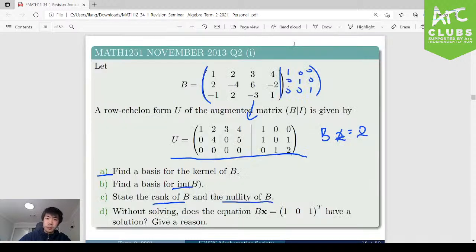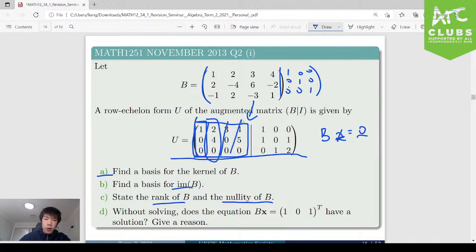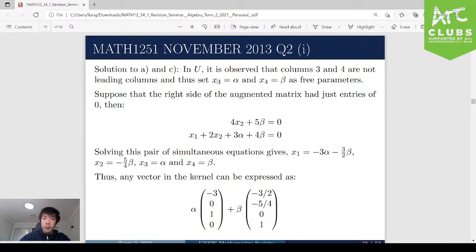If we have a look at our matrix U here, in particular the left-hand side, the right-hand side is not much of a concern to us at the moment, you can see that these two are leading columns, but these two here are not, correct? And that would mean that these two columns are the ones you can set as free parameters, and then these two columns here are the ones that will be fixed once you set your two free parameters. And so we'll do that by setting x3, the variable in the third column, to be alpha, and x4, the variable in the fourth column, to be beta.